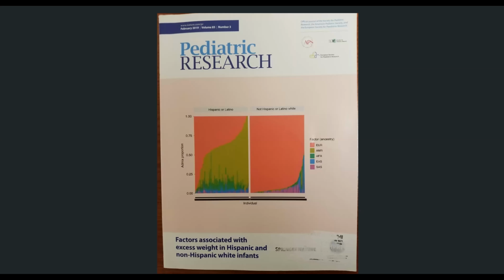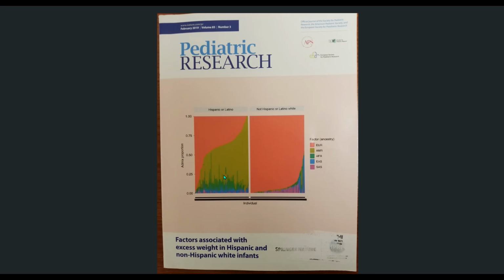First, an example of just something I walked by and saw. This study was looking at factors associated with excess weight in Hispanic infants and non-Hispanic white infants. So we're talking about excess weight in infants, okay? And what kind of factors were they looking for?